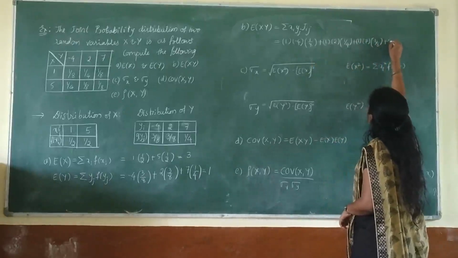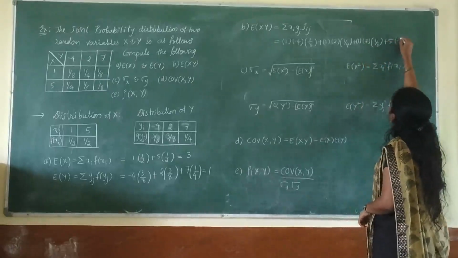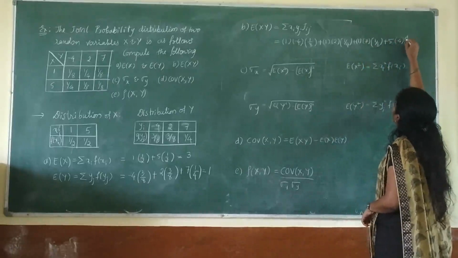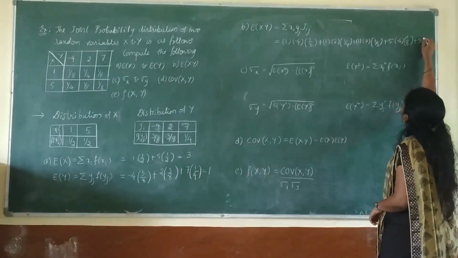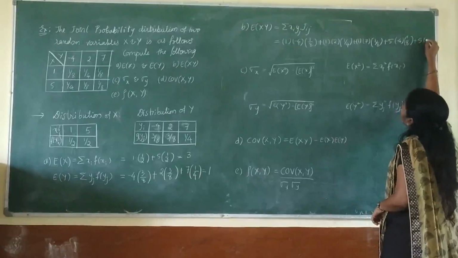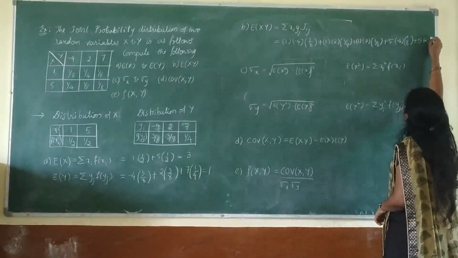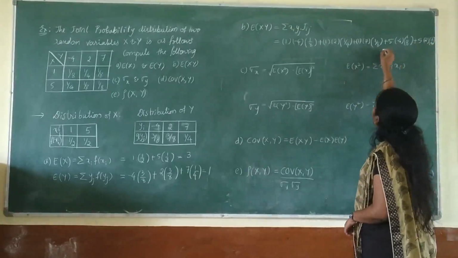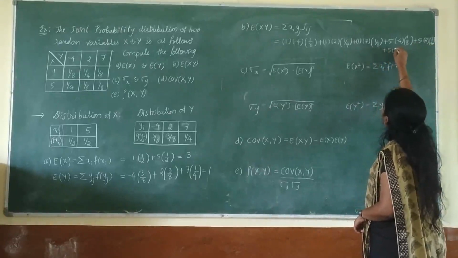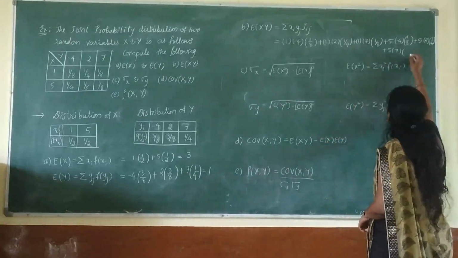Next, the second one is 5: 5 into minus 4 into 1 by 8, plus 5 into 2 into 1 by 4, plus 5 into 7 into 1 by 8.